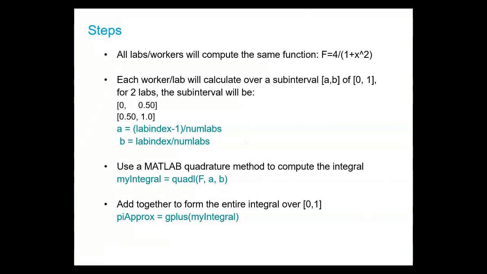SPMD has a bunch of keywords for you to use, such as the maximum number of labs. That's basically the number of workers per pool opened. And each will come with an index. Say you open 2, the indices will be 0 and 1. If you have 4, then 0, 1, 2, 3.